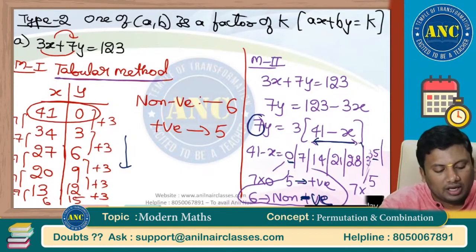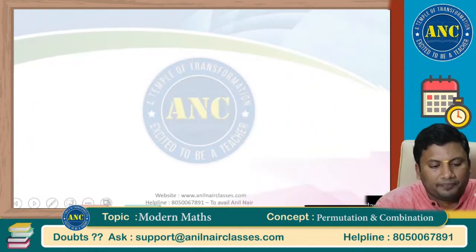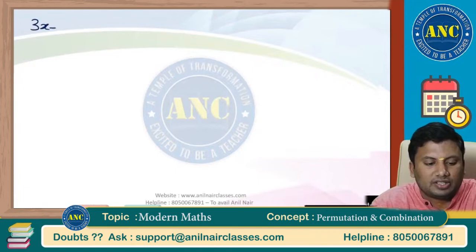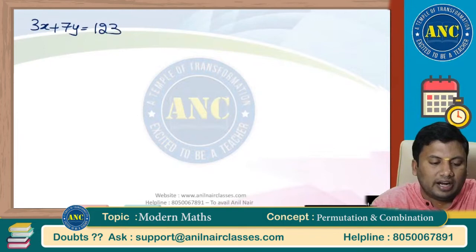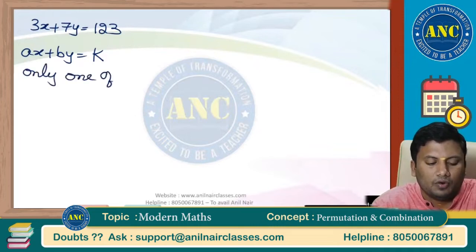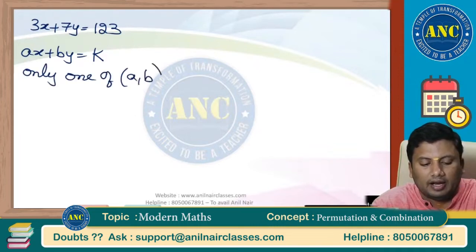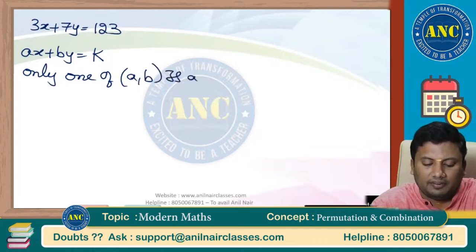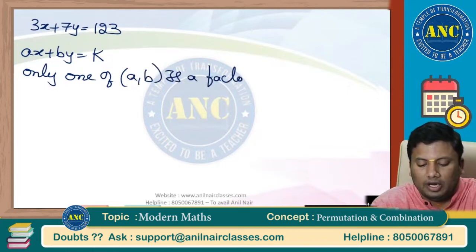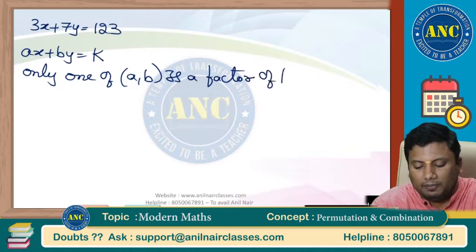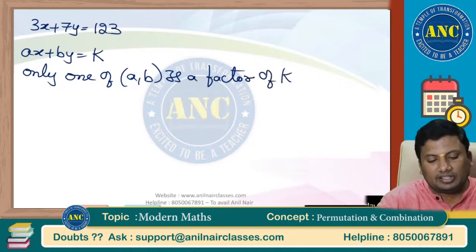Method number 3: Anil Nayar's way of solving. 3x plus 7y equals 123. Please write down the point. In ax plus by equals k, only one of a, b is a factor of the right hand side.